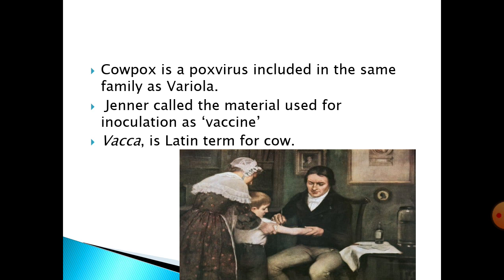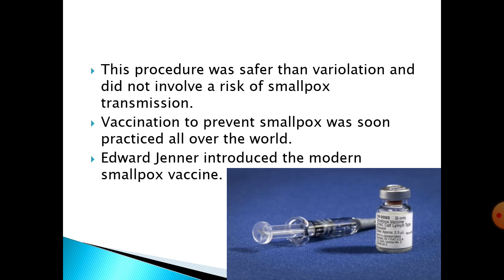Jenner called the material used for inoculation as vaccine. Vacca is a Latin term for cow. This procedure was safer than variolation and did not involve a risk of smallpox transmission. So, vaccination to prevent smallpox was soon practiced all over the world. Edward Jenner introduced this modern smallpox vaccine.